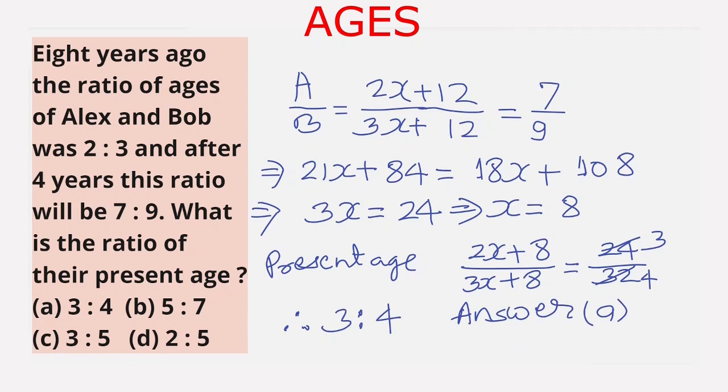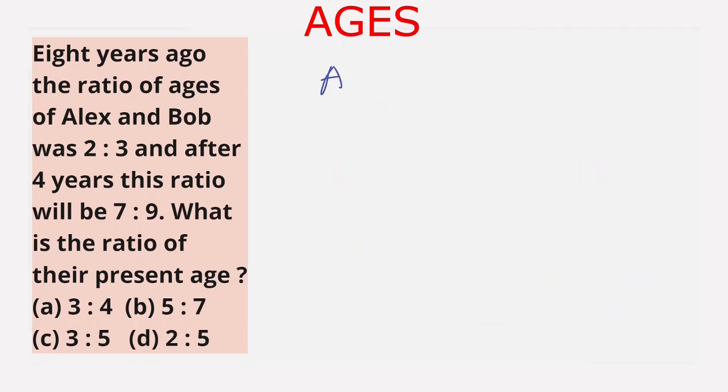We solve this question by the shortcut method without using x, so I erase it to solve by the shortcut method. Alex ratio Bob, that is A ratio B, earlier, 8 years ago, was 2:3, and after 4 years this will be 7:9. The difference between 2 and 3 is 1 and between 7 and 9 is 2.